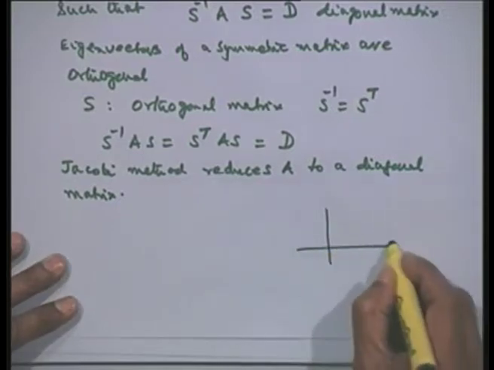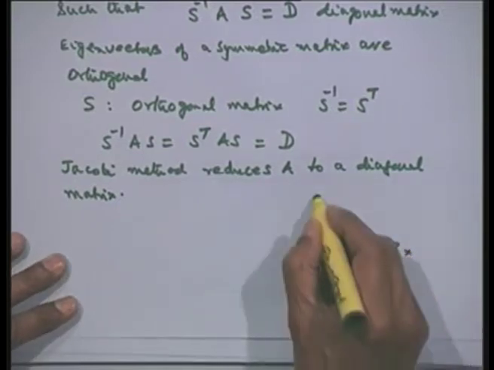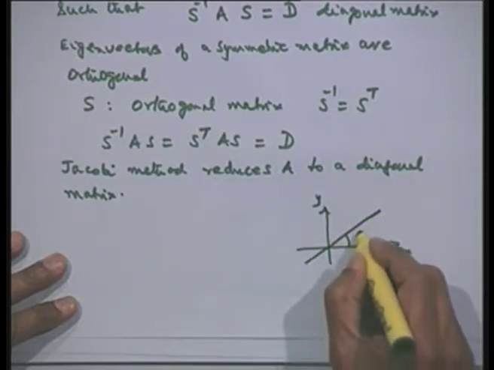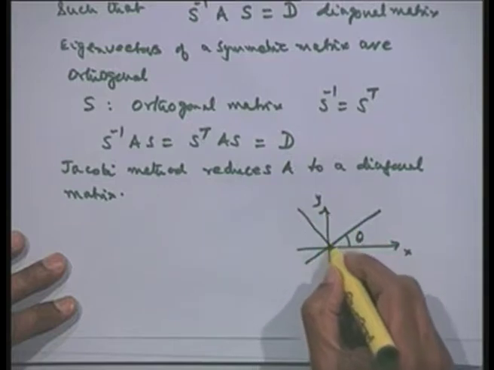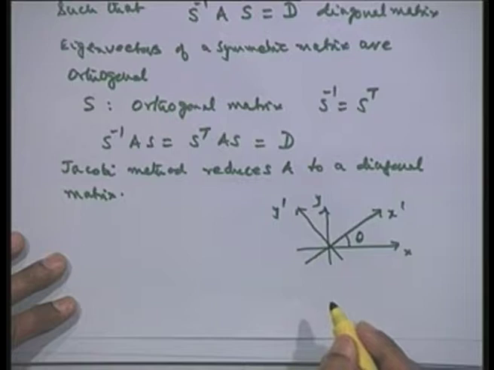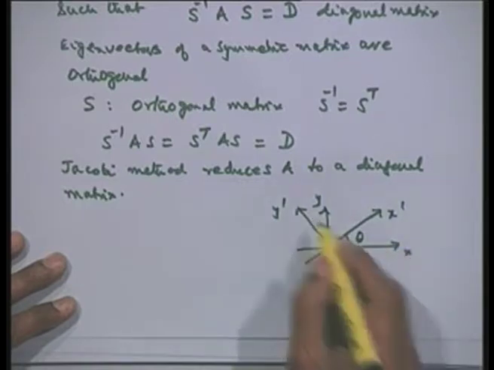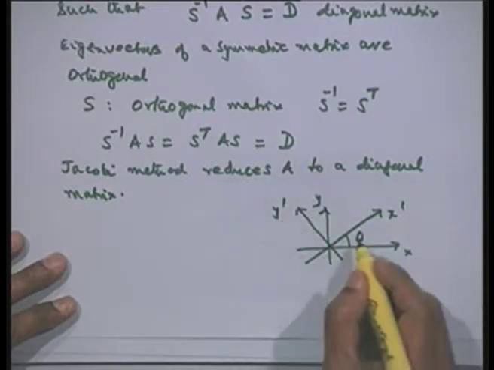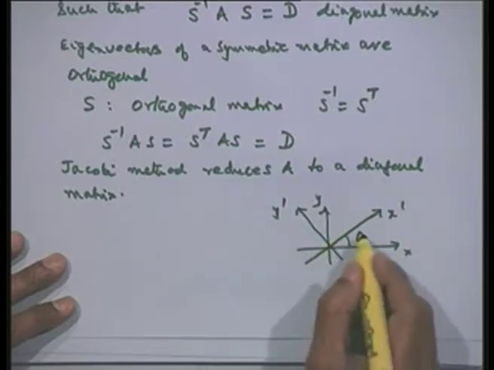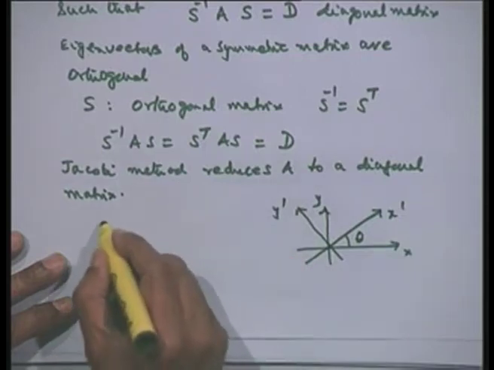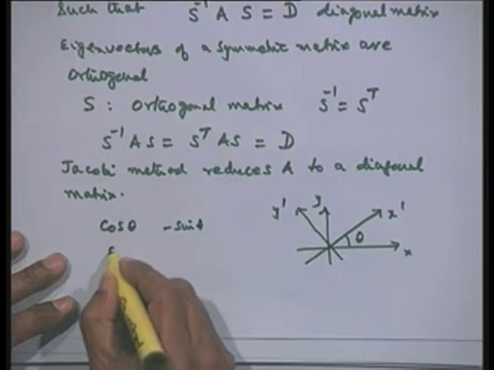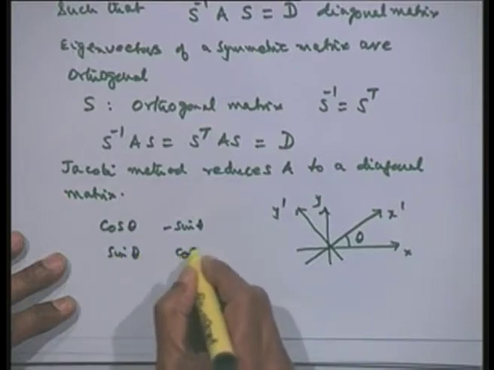Take a 2-dimensional coordinate system x y, then rotate it by an angle theta. If the original system is x y, the new system is x prime y prime, and the angle of rotation is theta, then we know that the matrix of transformation is given by cos theta, minus sin theta, cos theta.